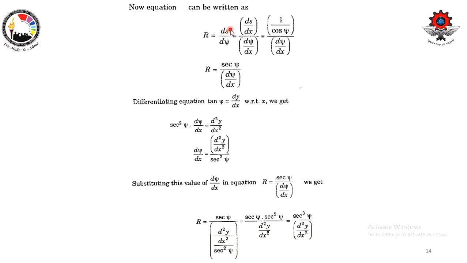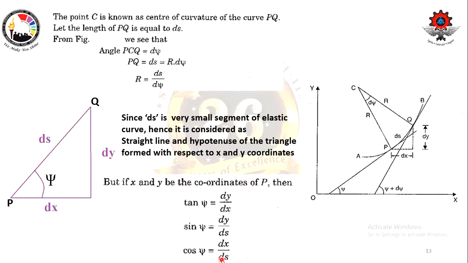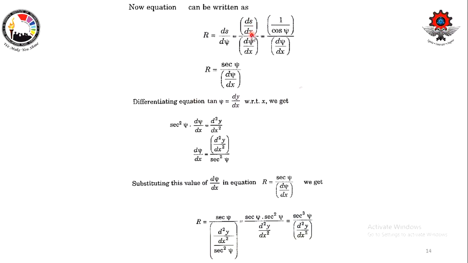In the previous slide itself, we saw that R is equal to ds by d psi. Now, dividing the numerator and denominator by dx, we get ds by dx over d psi by dx. We already know from the previous trigonometric equation that cos psi is equal to dx by ds.